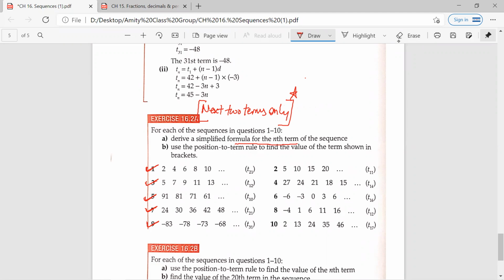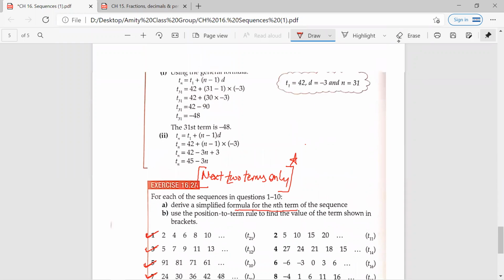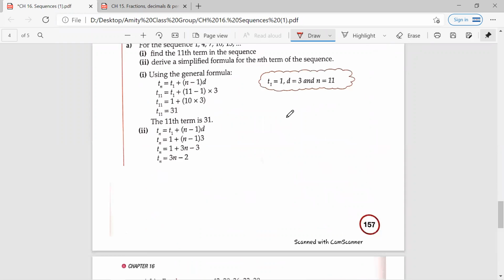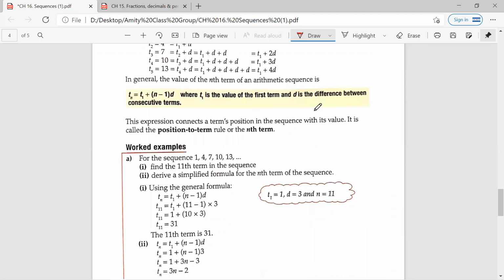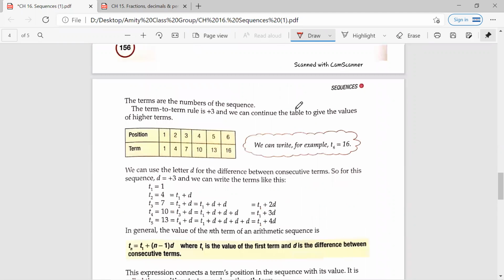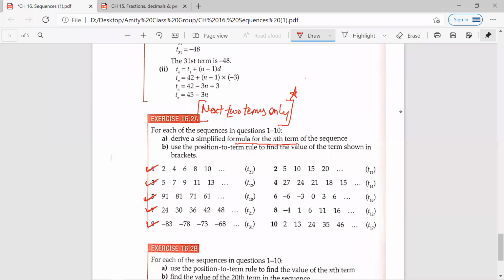That we will do in the next lecture. So we are just practicing how to find the next two terms. Once we are comfortable with finding the next two terms of an arithmetic progression, then this will become easier. Because this requires a bit of explaining, we'll do it next time after you are comfortable with how to find the next two terms. Okay.